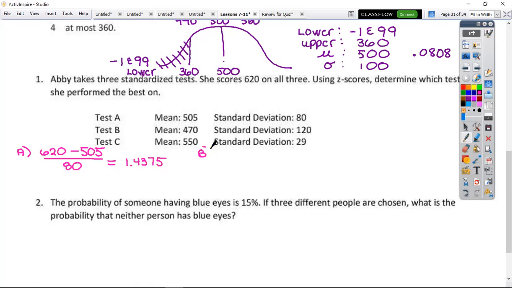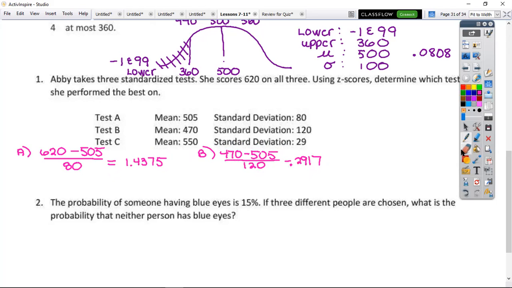Test B, 470 minus 505. This time she scored below average. And then divided by 120. So I'm going to go 470 minus 505 divided by 120 means negative 0.2917. Oh, I'm sorry.